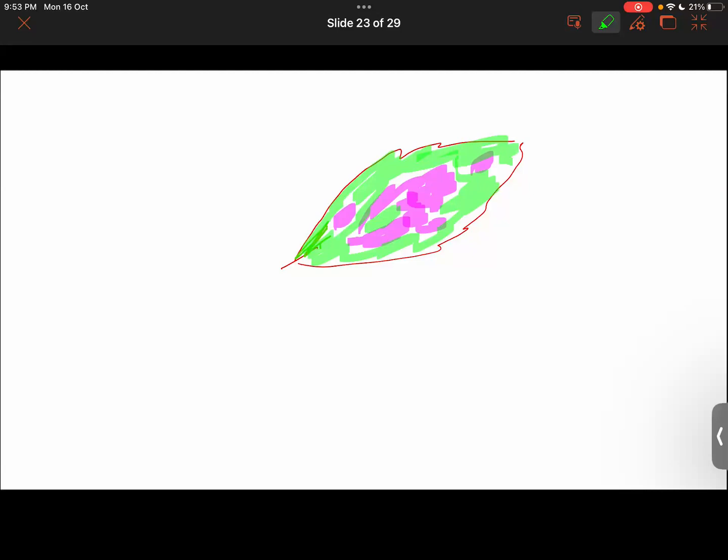Now in this leaf, which region of the leaf will be doing photosynthesis? The green part, right? So that will be doing photosynthesis. While this part will not be doing photosynthesis.